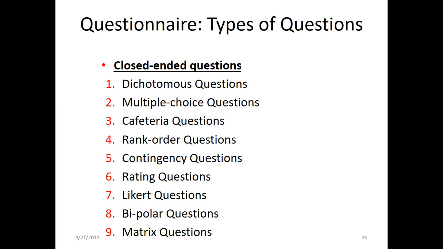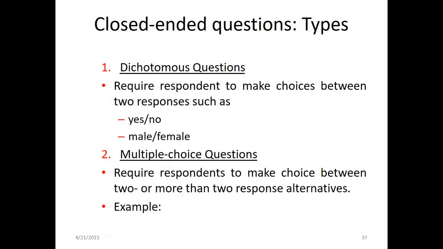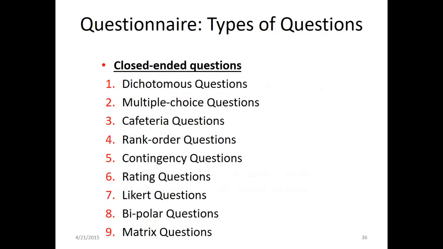So you have the dichotomous questions, which I will discuss later, but here I'm just mentioning them. Then you have multiple choice questions, cafeteria questions, rank order questions, contingent questions, etc. And then number 7, the most popular, Likert questions. But you also have rating questions, then matrix questions, etc.